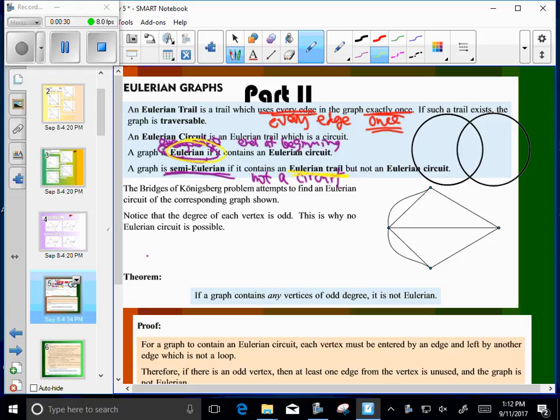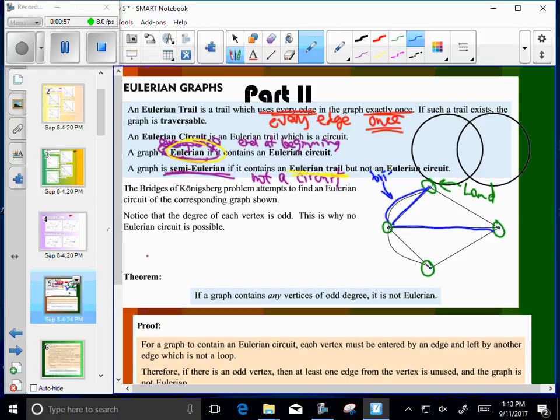Okay? The bridges problem, think of each of these as land. Like this is the land mass at the vertices, the island or the shore. And what would these represent? Those are the bridges. So this is the land, and this is the bridge.